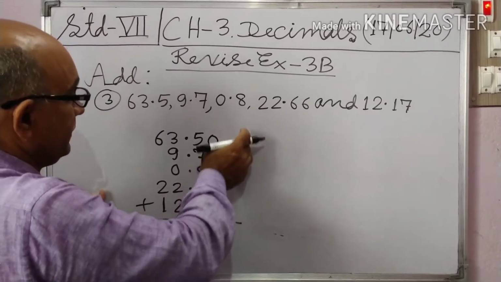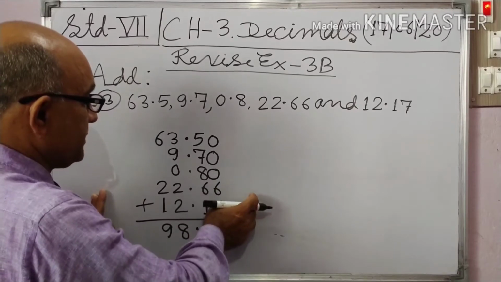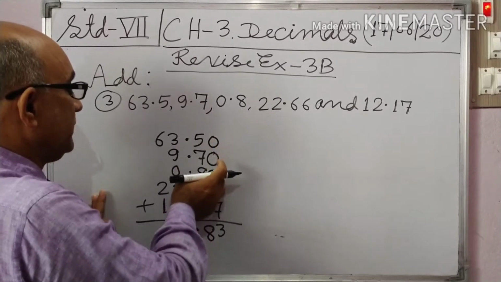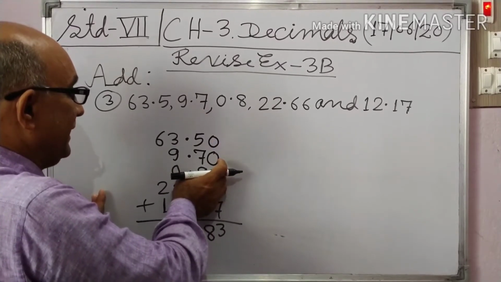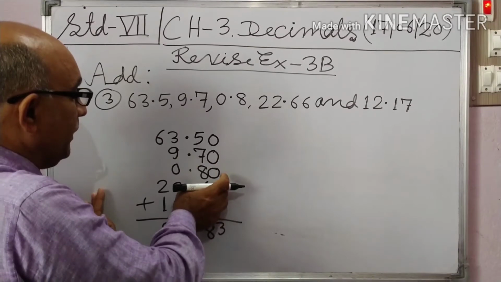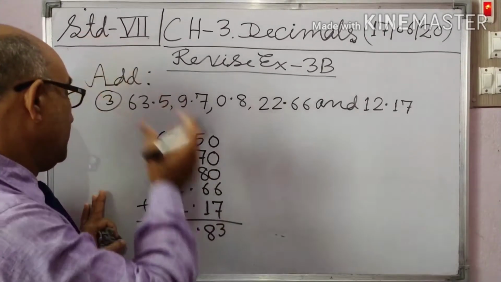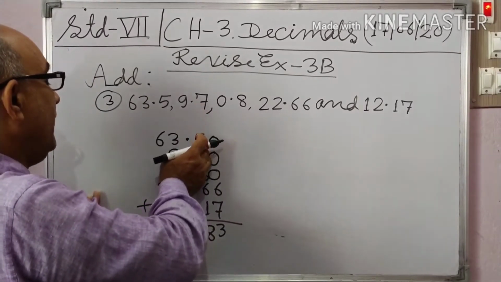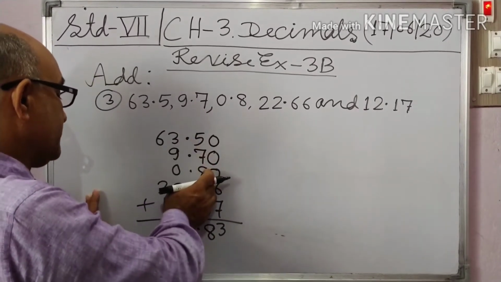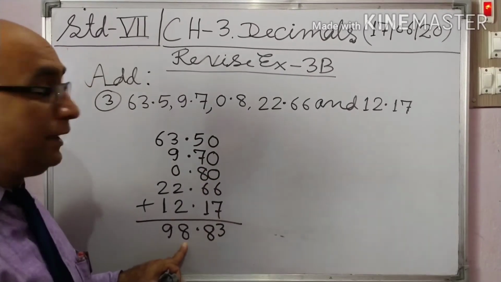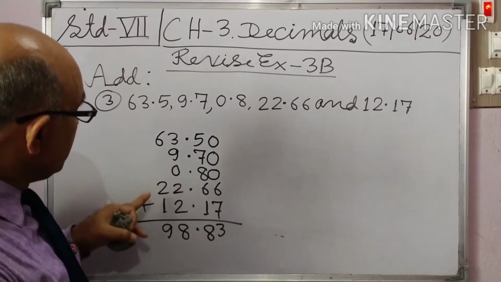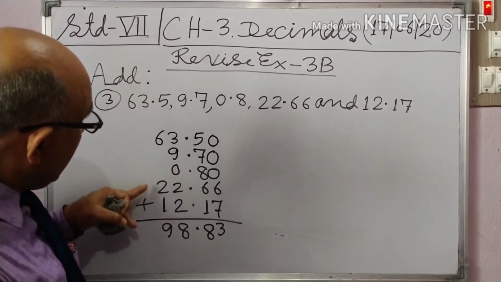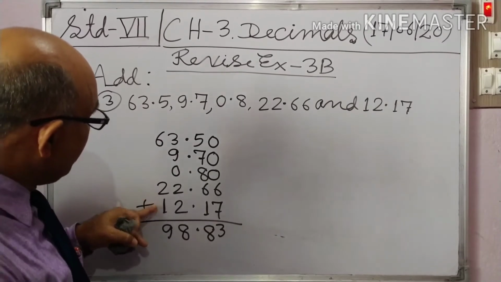Now check again. 6 plus 7 is 13, write 3, carry 1. 5 plus 1 is 6, 6 plus 7 is 13, 13 plus 8 is 21, 21 plus 6 is 27, 27 plus 1 is 28, write 8, carry 2. 3 plus 2 is 5, 5 plus 9 is 14, 14 to 16, 16 to 18, write 8, carry 1. 6 plus 1 is 7, 7 to 9, 9 plus 1 is 10.